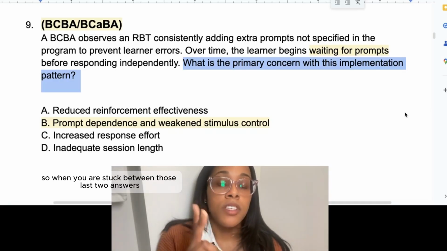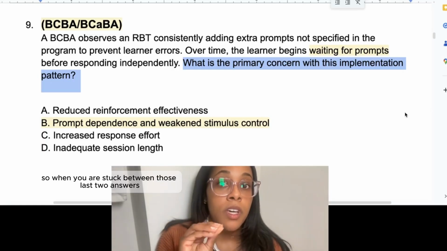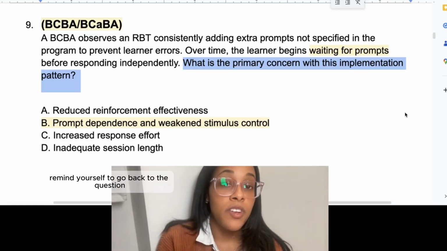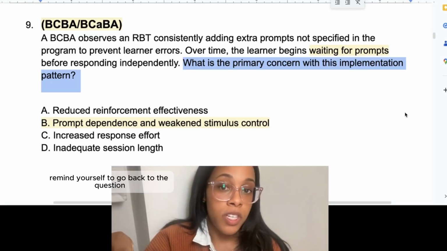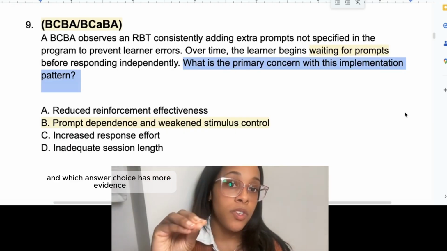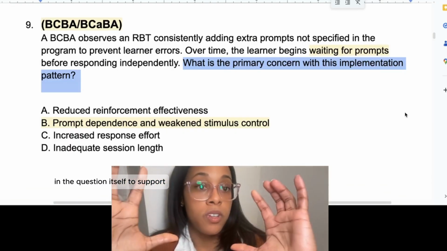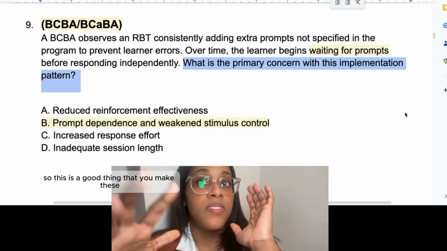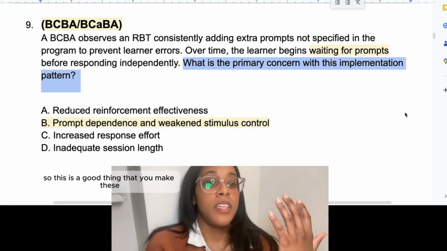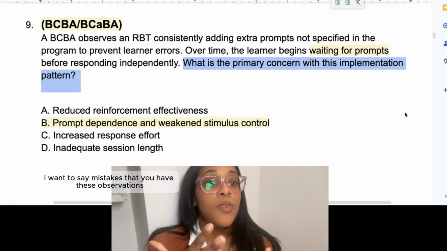So when you are stuck between those last two answers, remind yourself to go back to the question and ask which answer choice has more evidence in the question itself to support it.